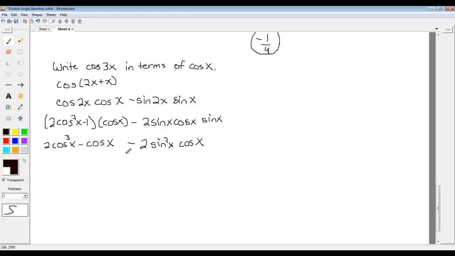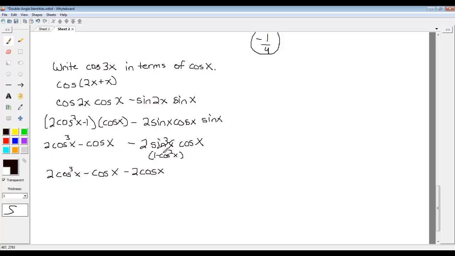But sine squared can be replaced with 1 minus cosine squared. So then you got 2 cosine cubed x minus cosine x. And then you got minus 2 times 1 times cosine x will give you minus 2 cosine x.